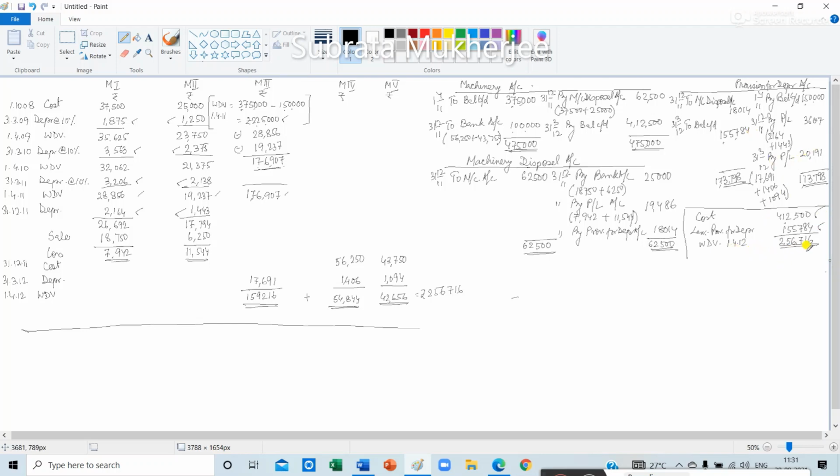So the written down value is 2,56,716, and the total of the written down value of the three machines on 31st March 2012 is 1,59,216 plus 54,844 plus 42,656 is 2,56,716.